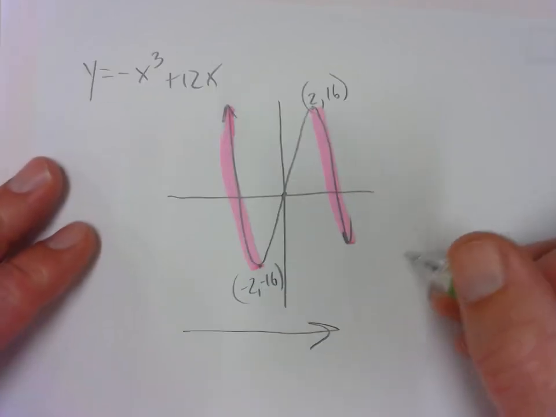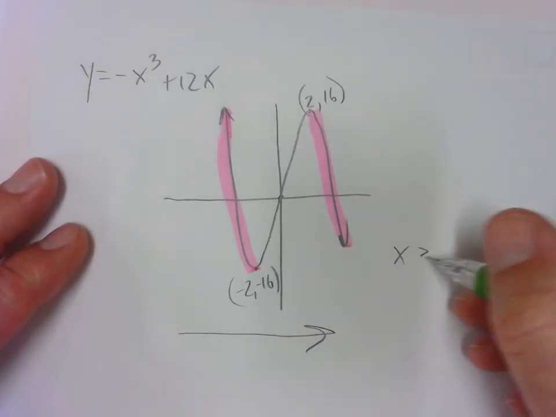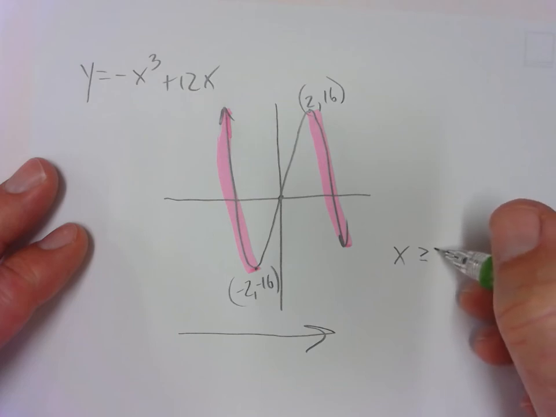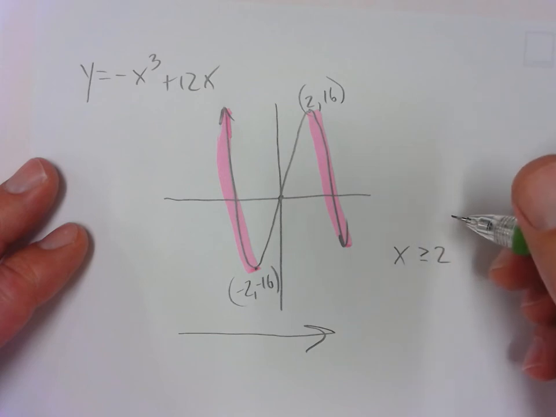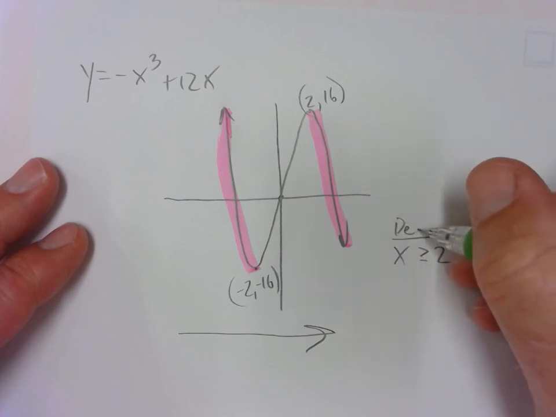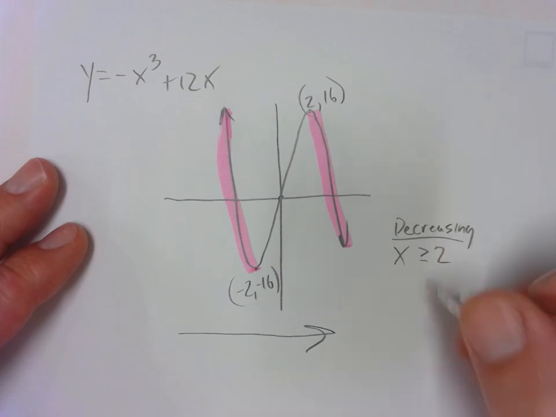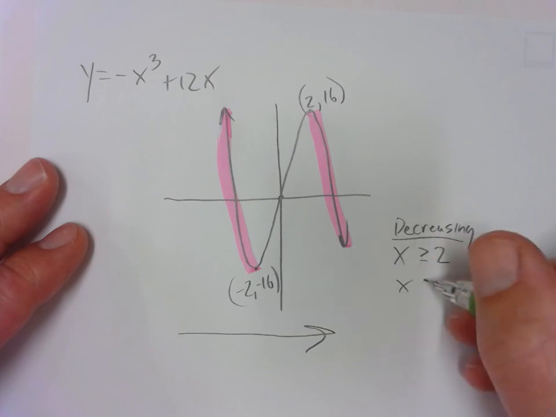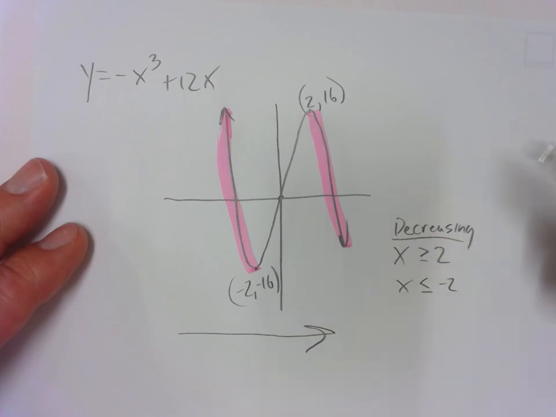So y, or not y, but the x values, x is greater than or equal to 2, the function is increasing. No, greater than 2, it's decreasing, my bad. Decreasing. And when x is less than or equal to -2 is also when it's decreasing.